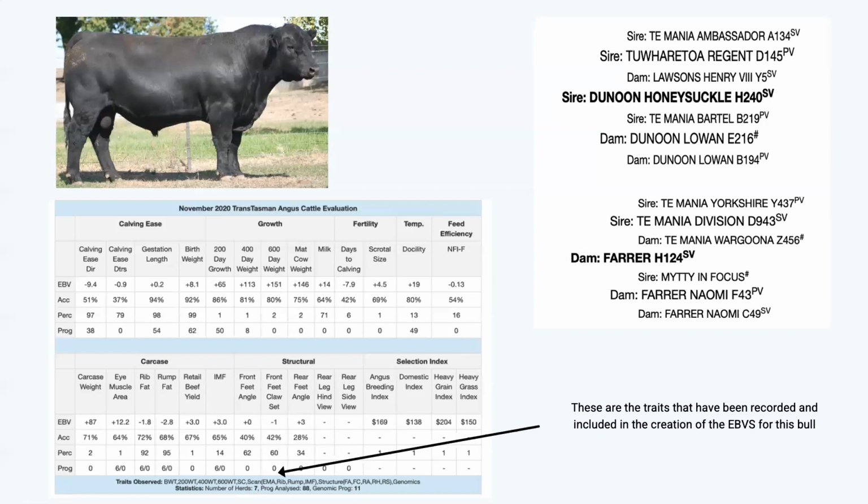So quite a lot of observed traits contribute to those EBVs, which explains a high degree of accuracy across many of them. It also explains why some other traits, such as calving ease, are a little bit lower: they haven't been directly reported and observed, so you are reliant on the correlations and heritabilities of those traits.